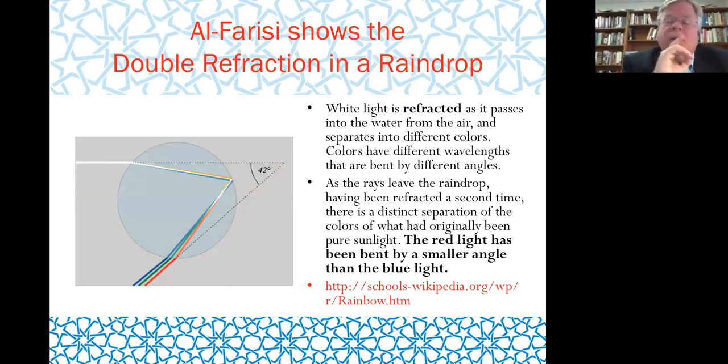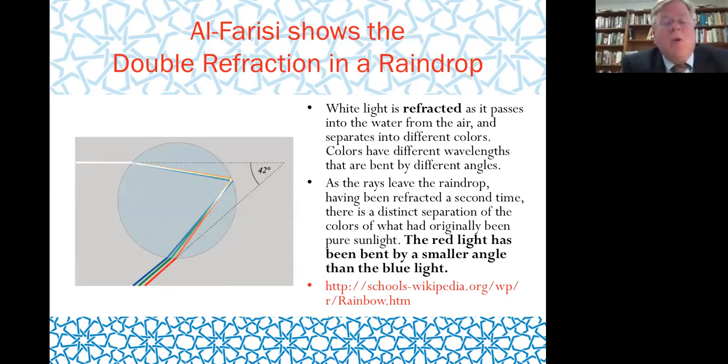So refraction occurs because the different colored light has different wavelengths and therefore bends at a different angle when passing through a different medium. And in the case of the rainbow, the water droplet, as al-Farisi demonstrated, actually produces two refractions of a light ray.